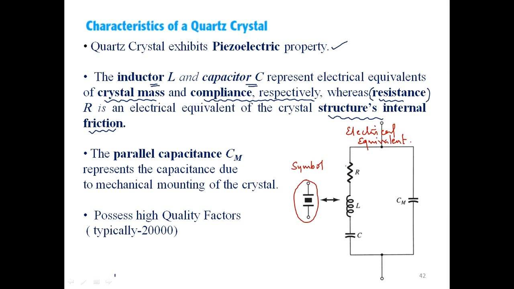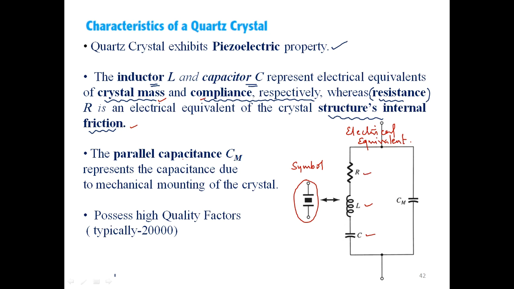So in the electrical equivalent, what do we have? We have a resistor, an inductor, and a capacitor, all three of them in series, and their mechanical equivalents are mentioned. R is nothing but the friction, L is nothing but the crystal mass, and C is nothing but the compliance term. Now there is something called Cm, which is in parallel with respect to R, L and C.